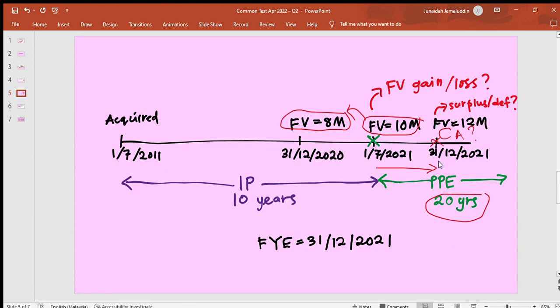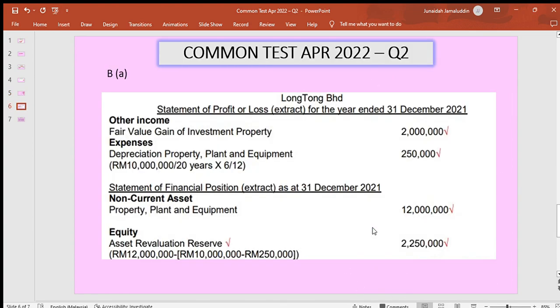So this is the calculation for the carrying amount: 10 million minus 250,000.